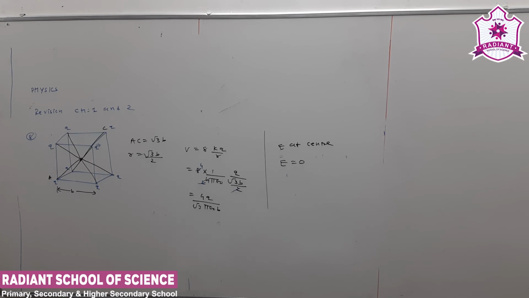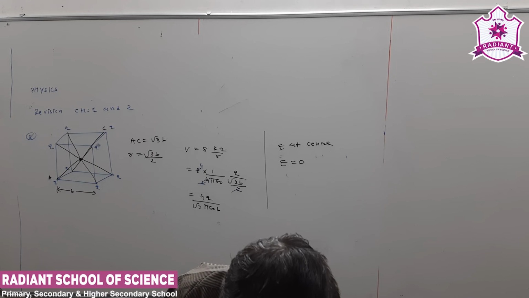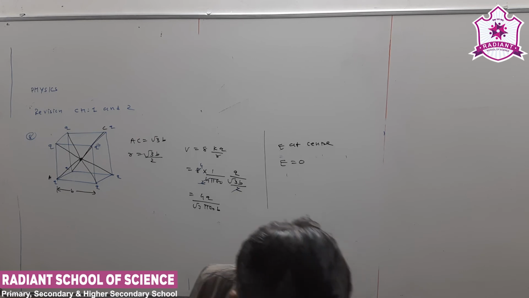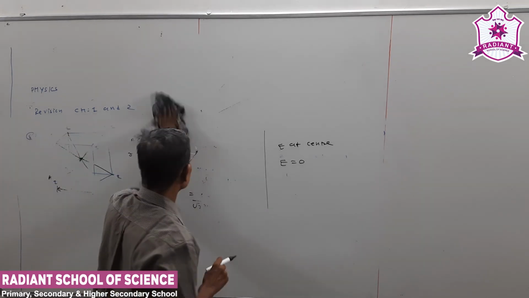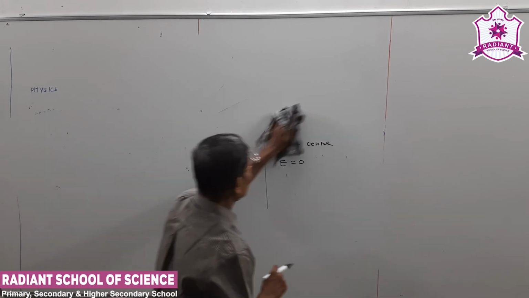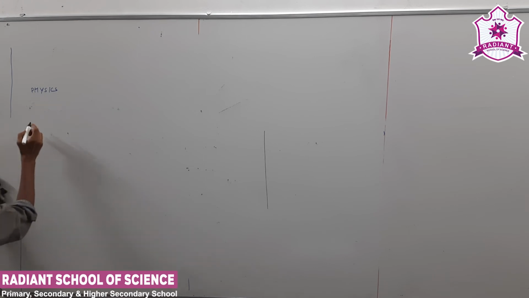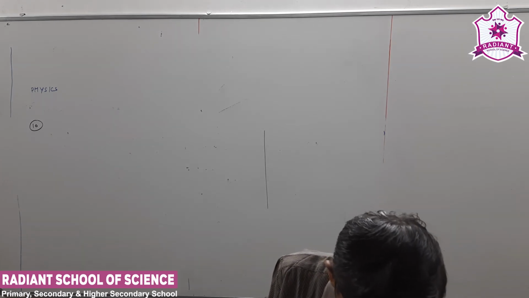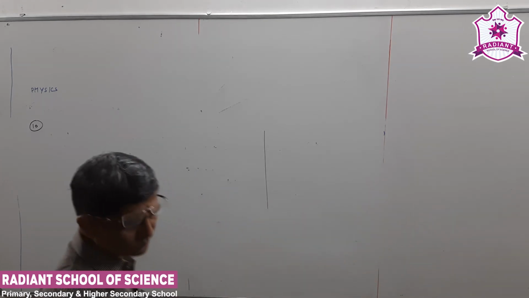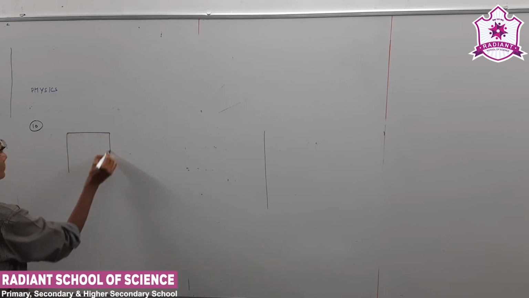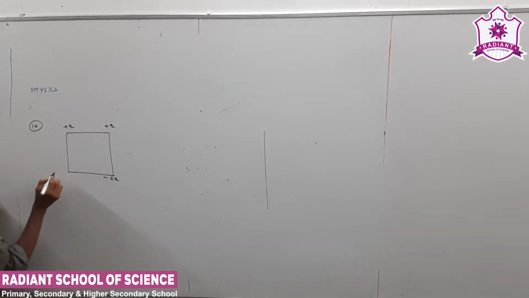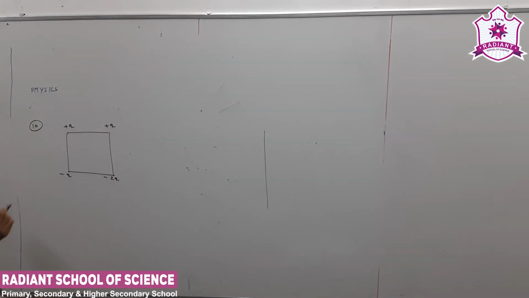Okay, now see the next MCQ. You have to calculate the potential at the midpoint M of the side AB.